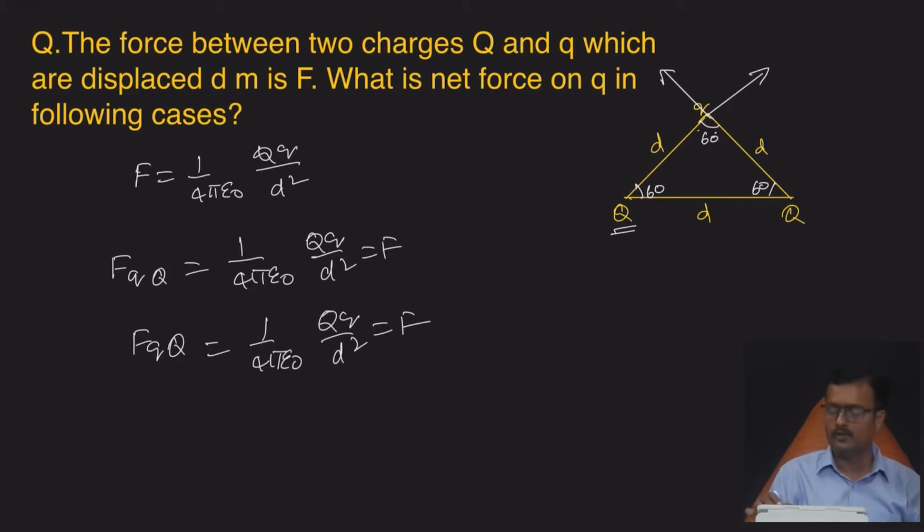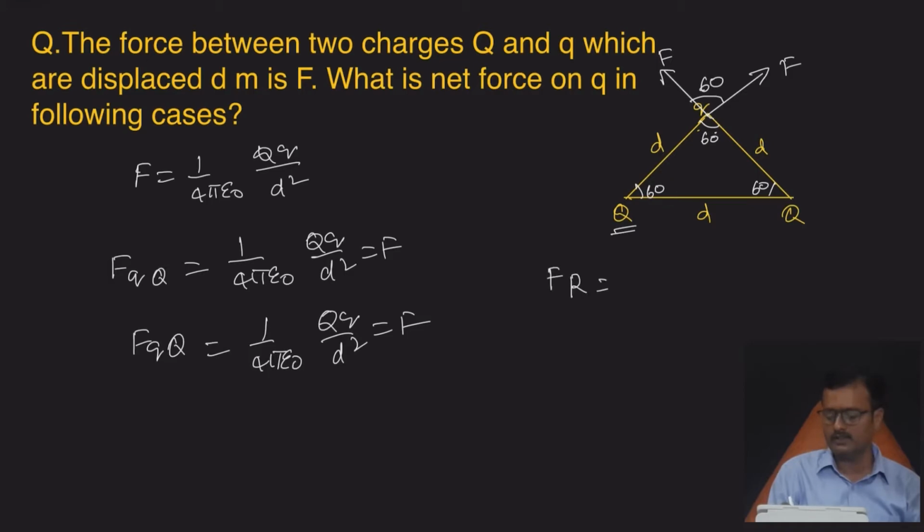See here, two forces acting on small q. What is the angle between the two vectors? Here that is 60 degrees. So this is the F, this is the F.